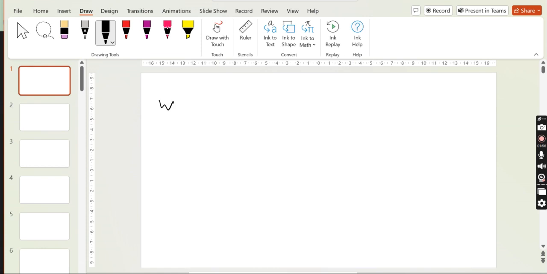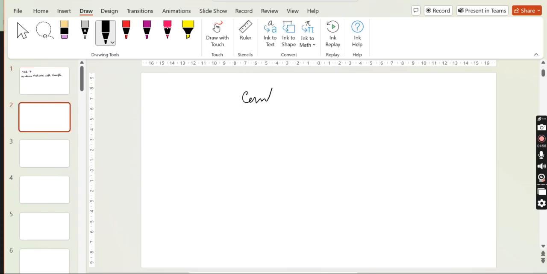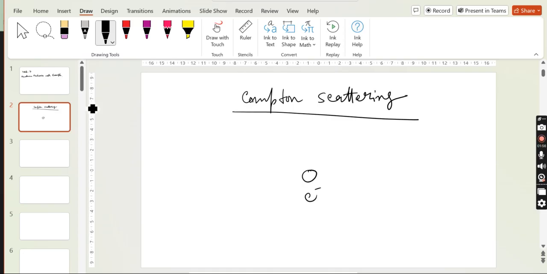So this is the 7th tutorial. First, I want to discuss briefly some questions regarding Compton scattering. We know what Compton scattering is.